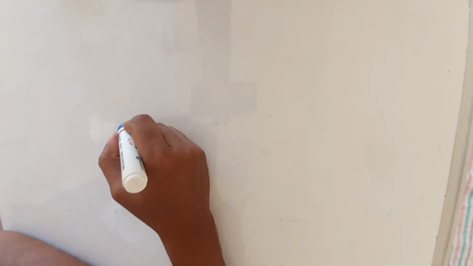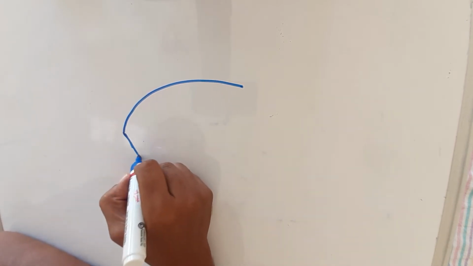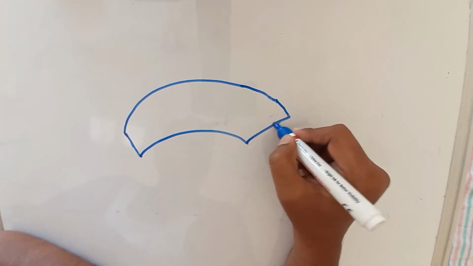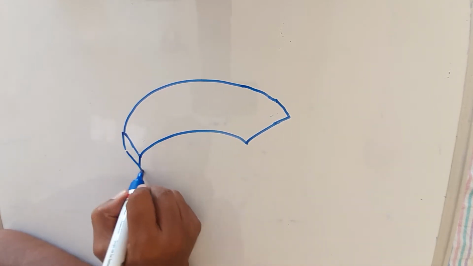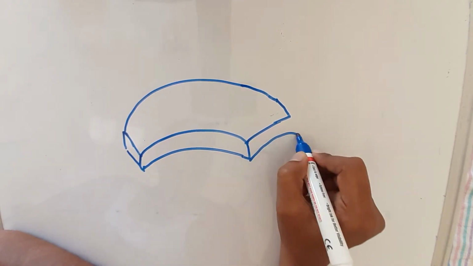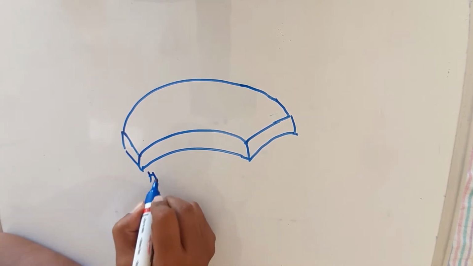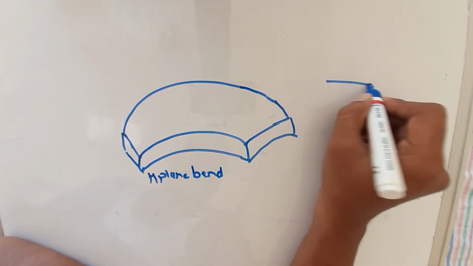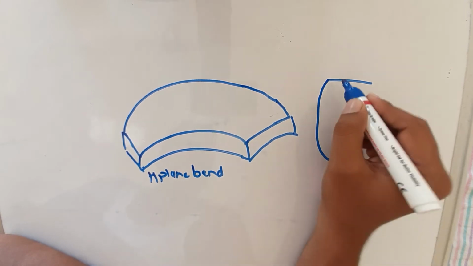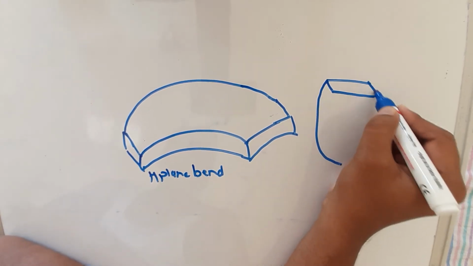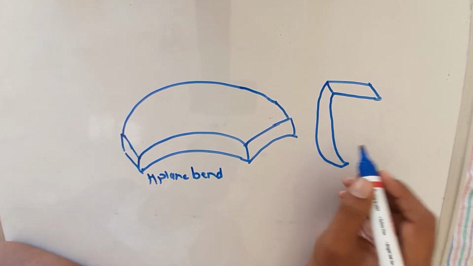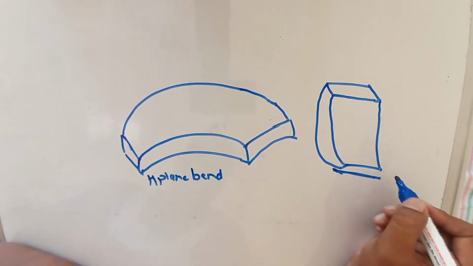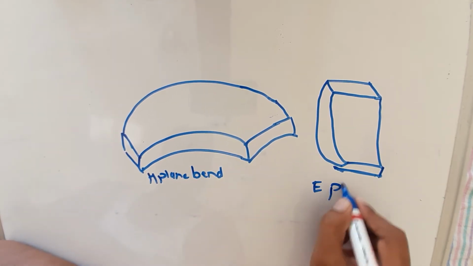So the first one is the H plane bend. This is an H plane bend, and another is the E plane bend.